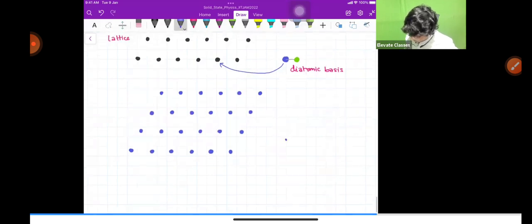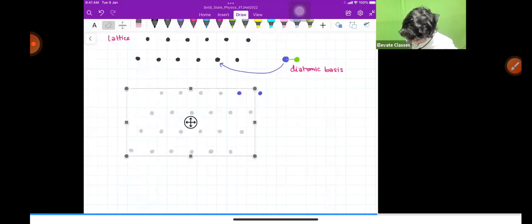So I have placed all the blue atoms on the lattice.